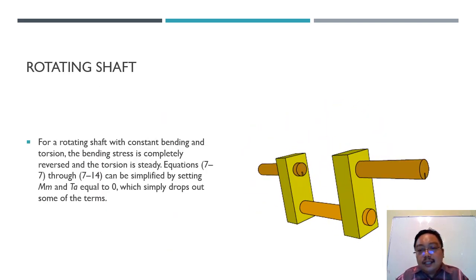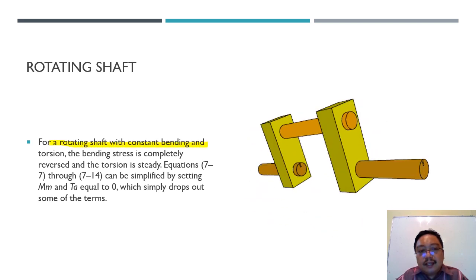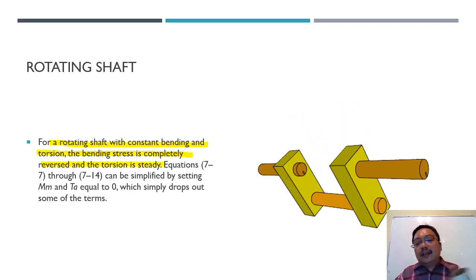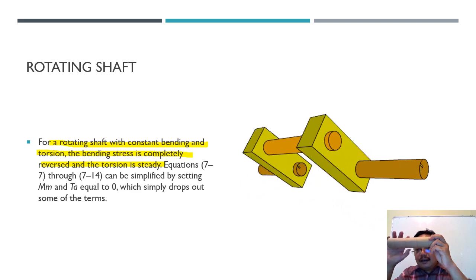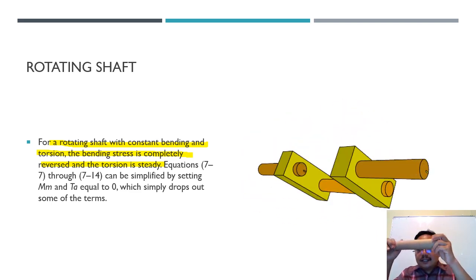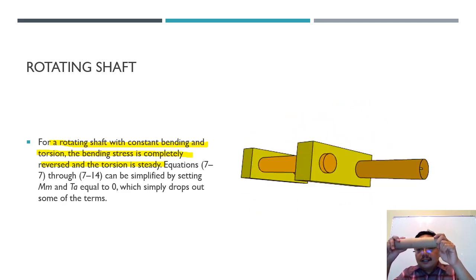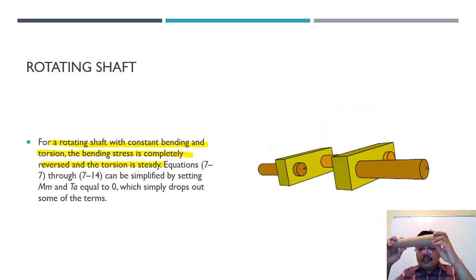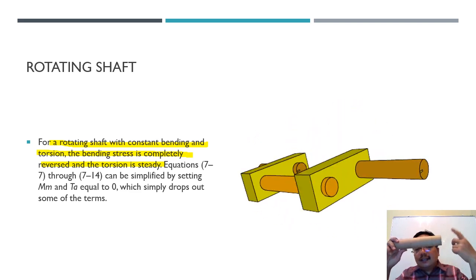For a rotating shaft, the statement here says that for a rotating shaft with constant bending and torsion, the bending stress is completely reversed and torsion is steady. Here is a rotating shaft, represented by the cardboard that I am holding now. When it rotates, where is the bending stress? Bending stress does happen, but it is more towards the torsion than bending stress.